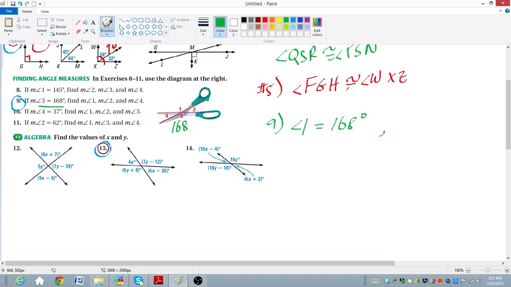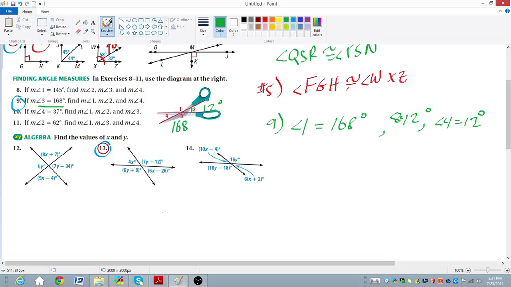If that's 168, then this right here has to be 12 degrees because 168 plus 12, they're supplementary. It's a straight line. So angle 2 equals 12 degrees, and angle 4 equals 12 degrees as well because they're vertical angles.